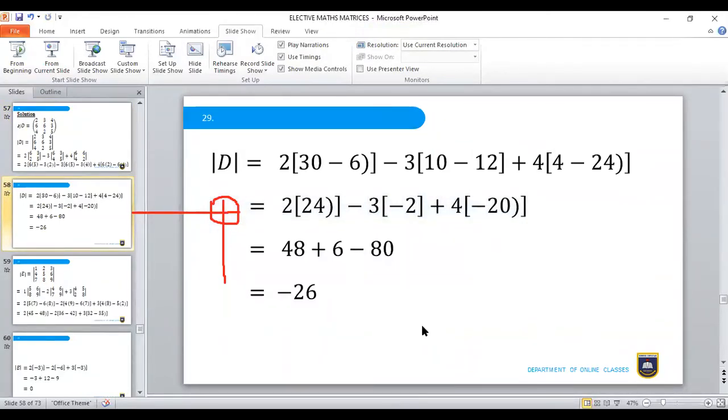Everybody should try the second one for me quickly. It's almost time. Try the second one quickly for me.